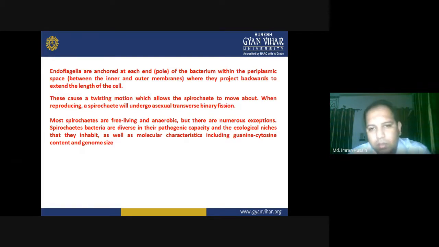And a lot of diversity when it comes to their pathogenic nature and their ecological habitat, as well as molecular characteristics including guanine-cytosine content and genome size. So they have a different structure from other bacteria, but they also pack a punch, having different pathogenic capacity and ecological niches.